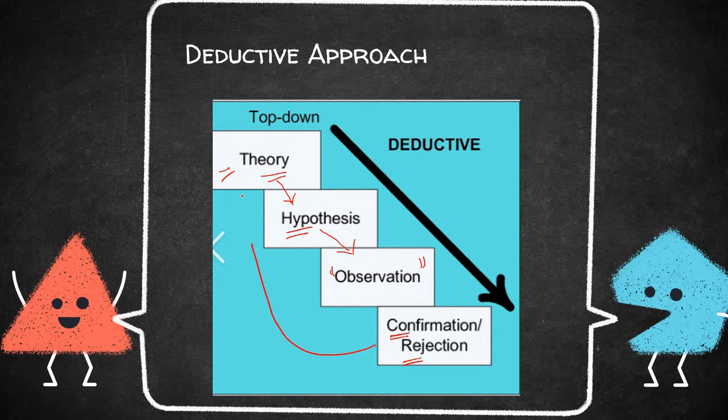So what is the outcome of the deductive approach? You either get support for an existing theory, or you could challenge some theory. Both could occur, because if the hypothesis is rejected it means challenge, and hypothesis confirmation means support.